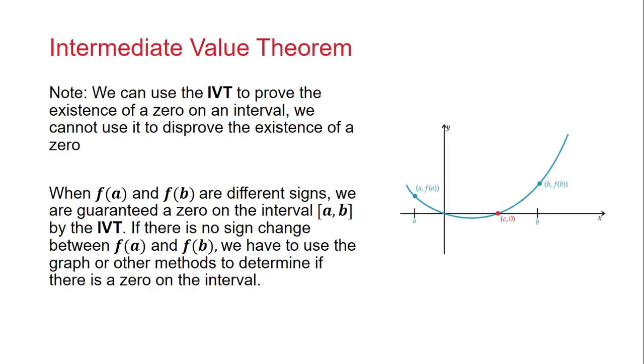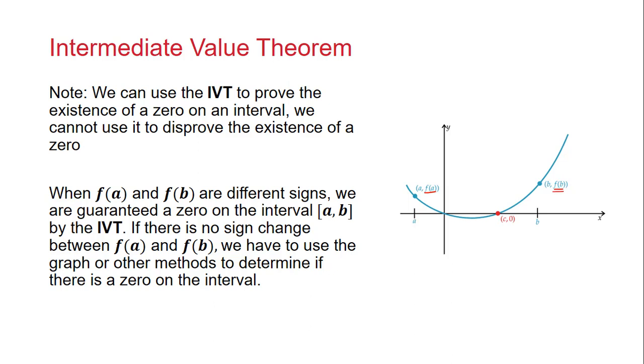And so we can use the intermediate value theorem to prove the existence of a zero on an interval. We cannot use it to disprove the existence of a zero, because I have a picture of a graph here where we have a point a, f of a, and a point b, f of b, where f of a and f of b are both positive on my graph.